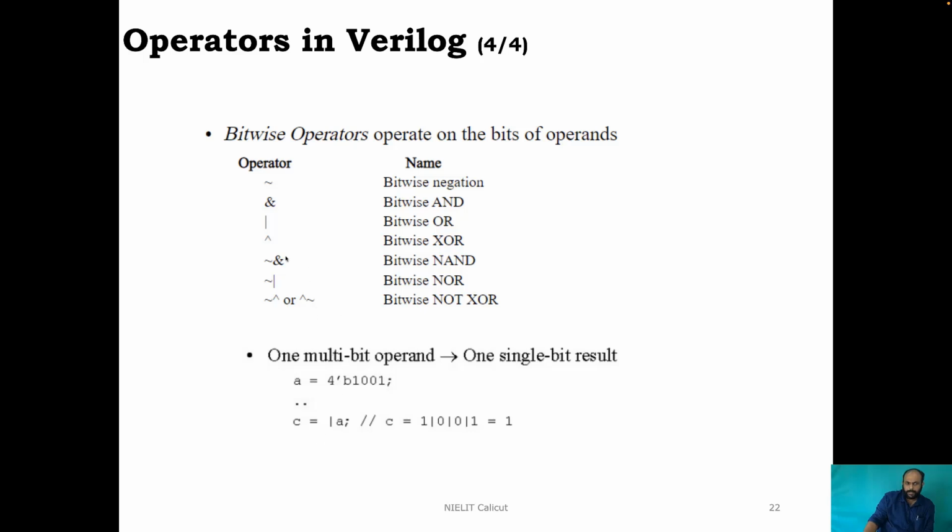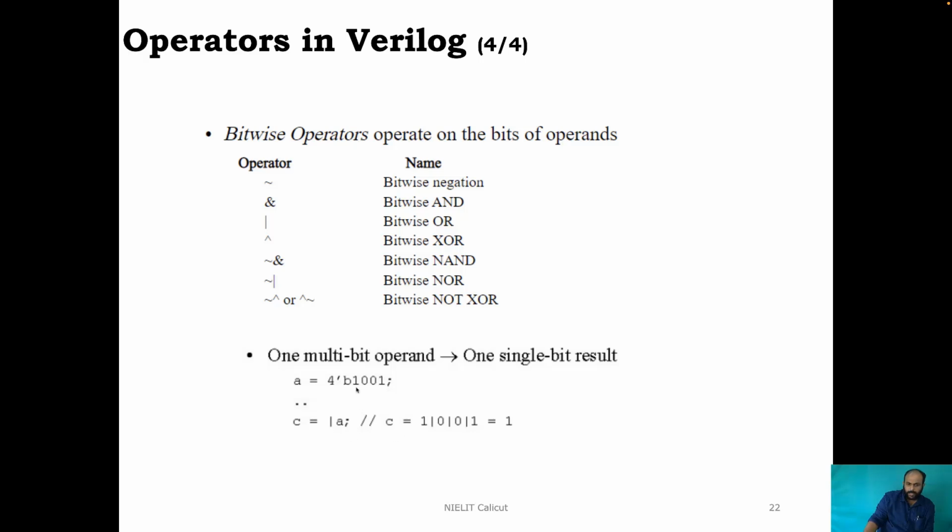For example, if you write the same bitwise OR operator before a single operand, as you see here, the variable A is declared as a 4-bit variable with binary value 1001, and if you write C is assigned OR of A, it basically reduces this vector A into one number.